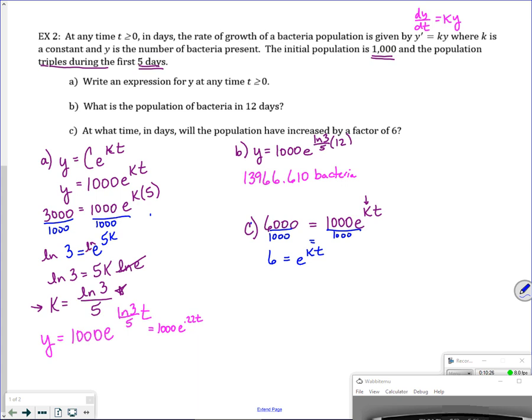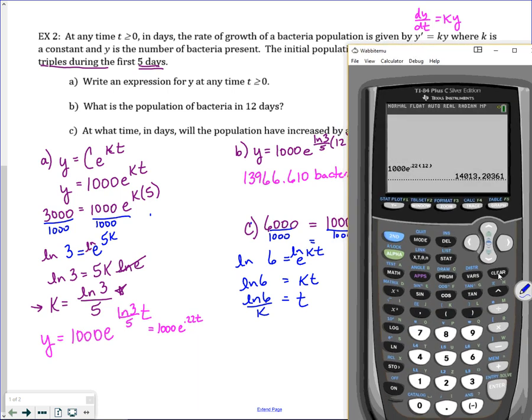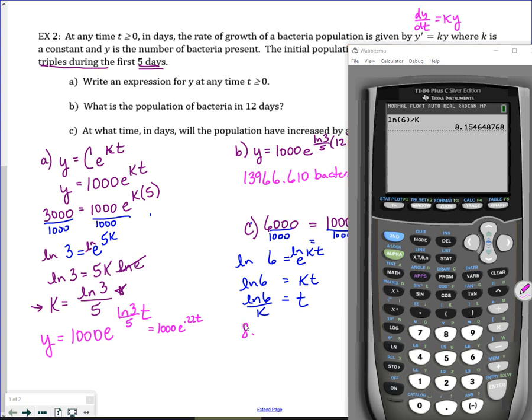I'm going to take the natural log of both sides. So kt would be equal to the natural log of 6. So t is going to be the natural log of 6 divided by k. Remember, I have that k stored. So I just hit the natural log of 6 divided by k. And there we go. I get 8.155 days.